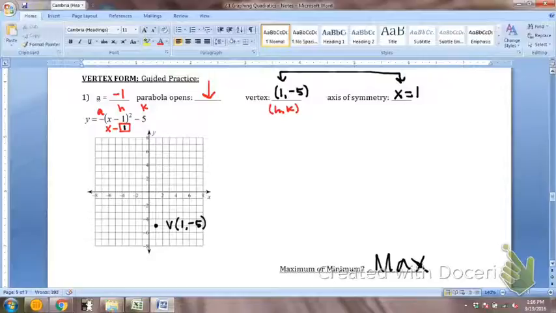Because of what's coming up, you'll see on our next lesson. We're going to go down, because we know it opens down. Axis of symmetry, X equals 1. Any questions about that?